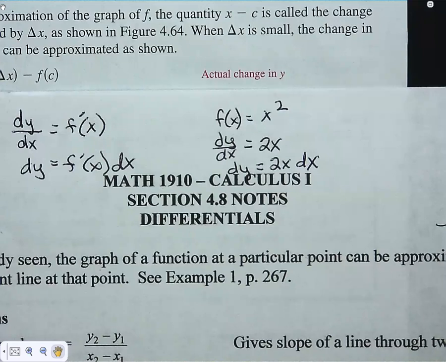Yes, sir? So is dy over dx just the difference equation? It's basically the slope formula. That's what it always has been. If I give you a linear equation, then the slope formula will give you just a number, because the slope of a line is a constant.